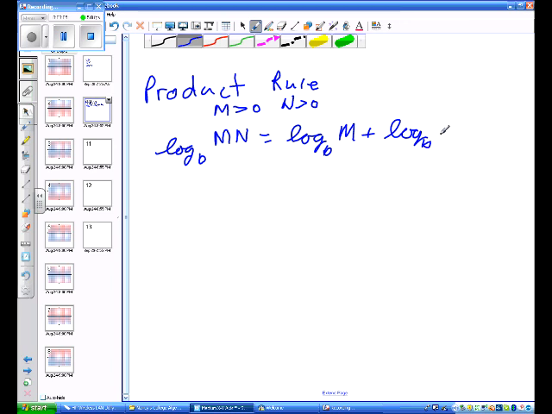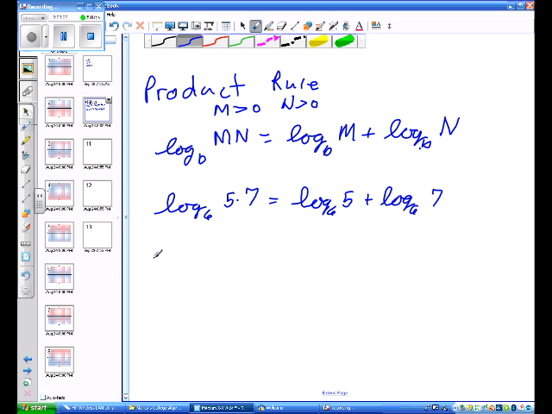And I always try to say it in the way that I just did. The log of a product is equal to the sum of the individual logs. So if we were wanting log base 6 of 5 times 7, this would be equal to log base 6 of 5 plus log base 6 of 7.